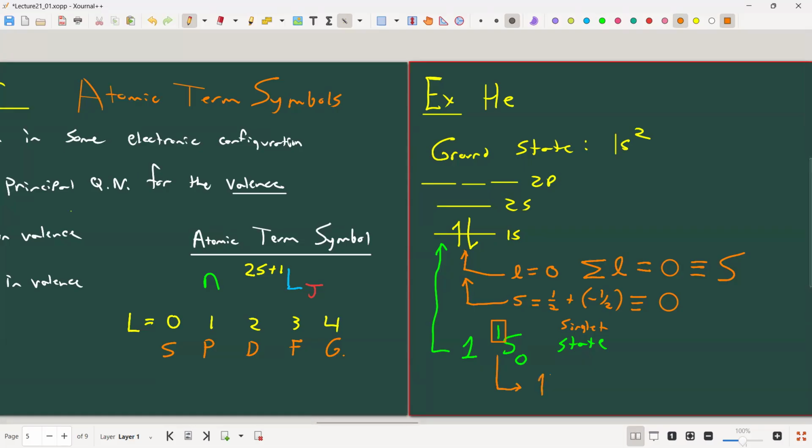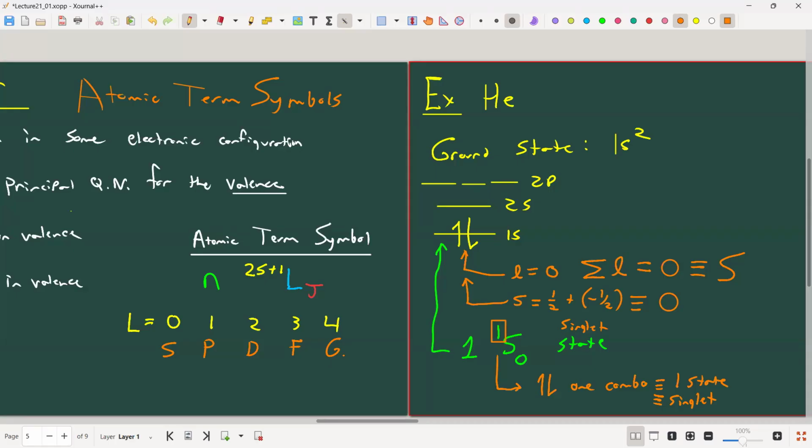There's just this one combination, and that means there's just one state, therefore singlet. There's no other way to combine things together to get a different term.